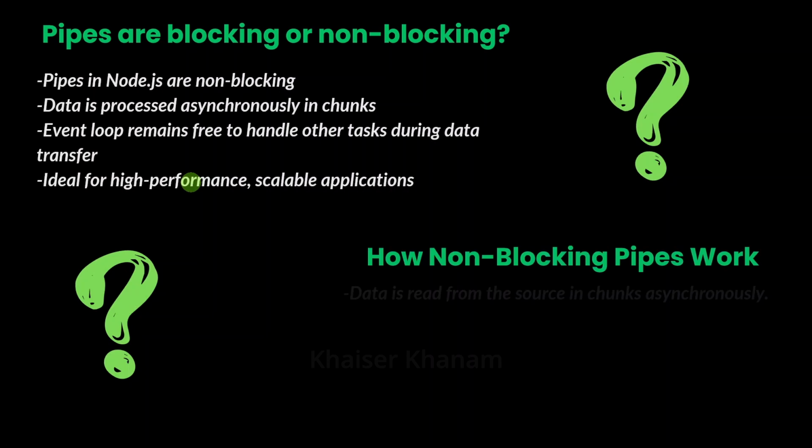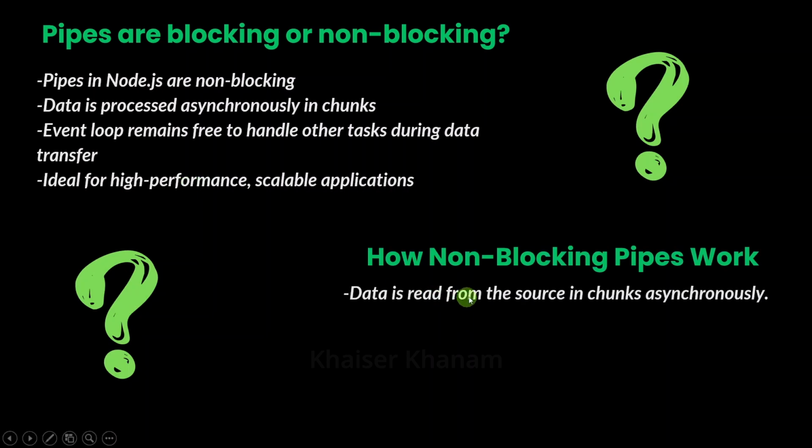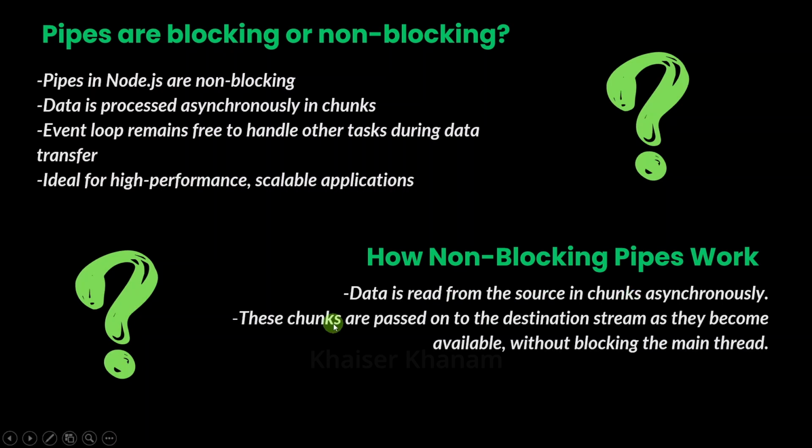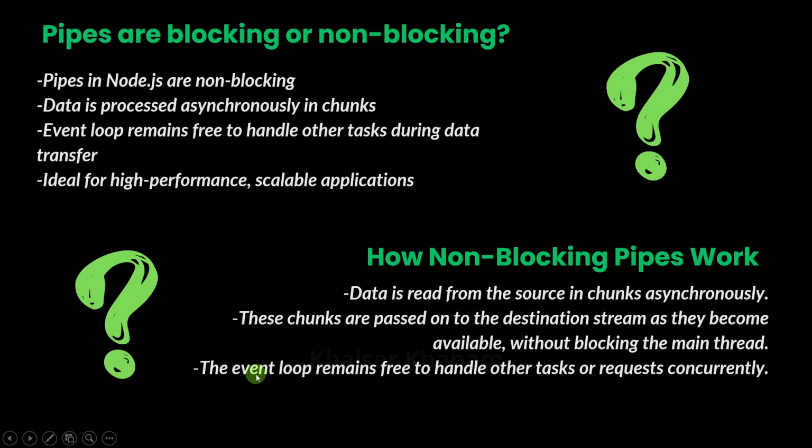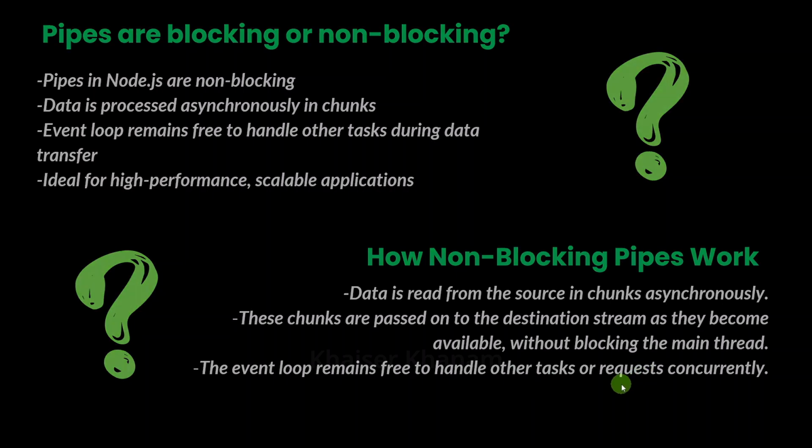And how will these non-blocking pipes work? Data is read from the source in chunks, in an asynchronous way. And these chunks are passed on to the destination stream as they become available without blocking the main thread. Very important. And then the event loop remains free to handle other tasks or requests concurrently.